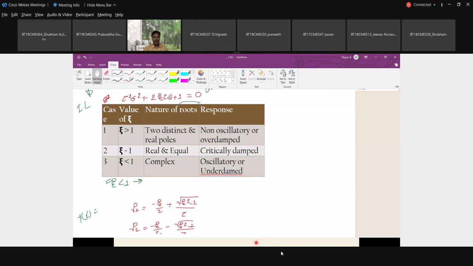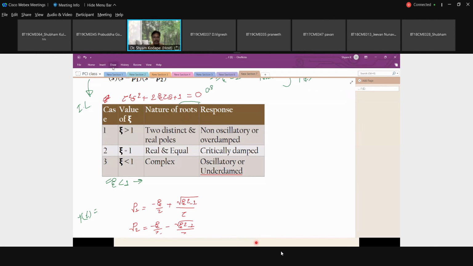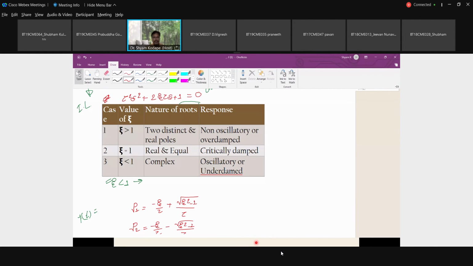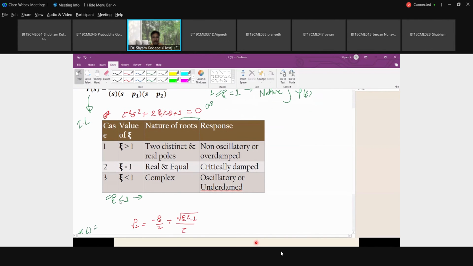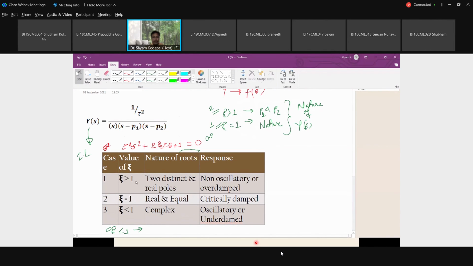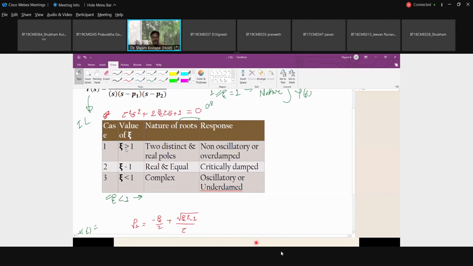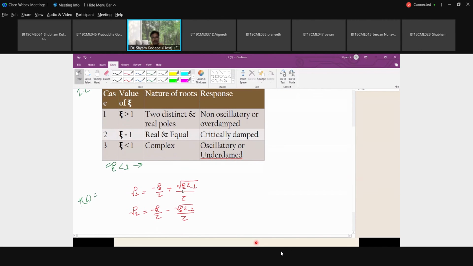Is it visible? Yes, sir. Okay? So this came here. Now, when we put xi greater than 1, simply 2, it will be the real one. Similarly, in P2 also substitute xi equal to 2.